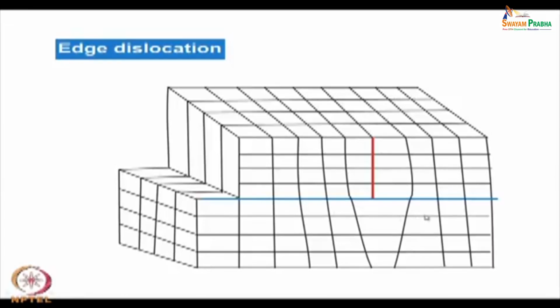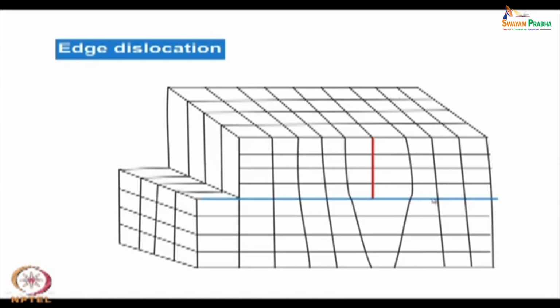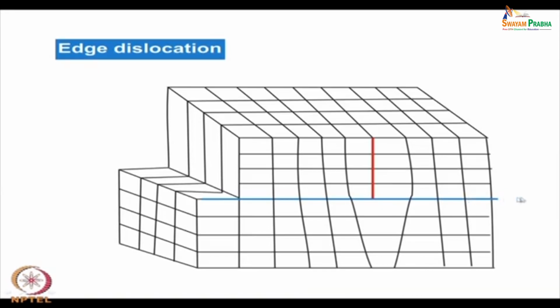Coming back to the diagram, you will see after some time this particular extra edge will shift to the next point, and then to the next, and then to the next. Once that is done, it will go out, which means the whole of the top part has been shifted one atomic distance to the right, and the bottom part one atomic distance to the left.